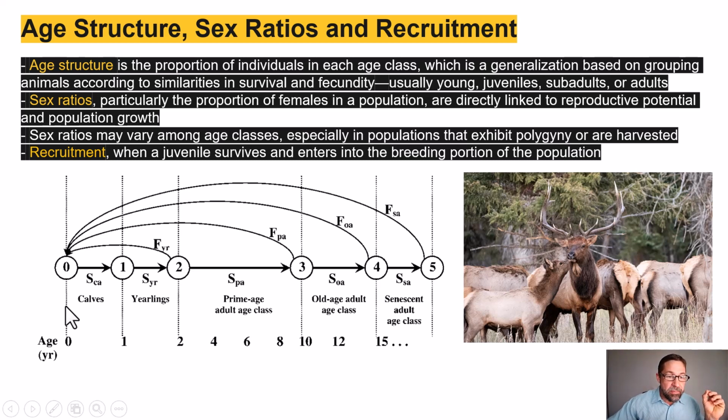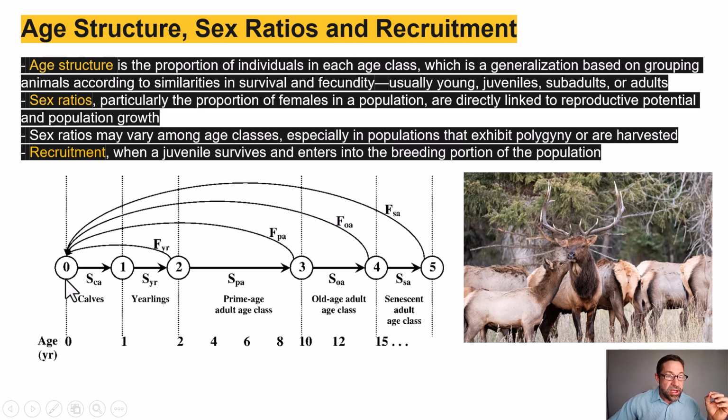A good example of age classes: these are the ones that I selected for the second chapter of my thesis when I did a meta-analysis. I looked at data from 40 different elk herds from different times and different places. And based on the distribution of these data, I broke out the elk age classes as such.